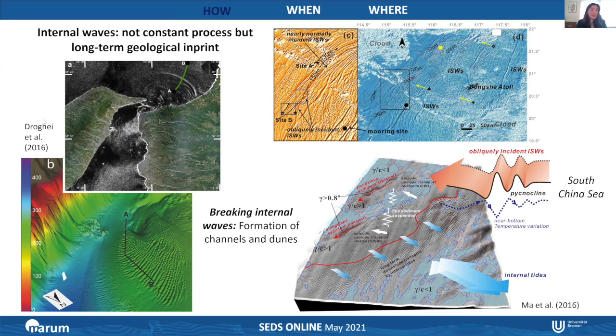So Droghei and colleagues found that the dunes that are found in the Messina Strait are probably formed by the interaction of internal solitary waves that then interact with the seafloor and form these dunes. And also in the South China Sea, Ma and colleagues found a huge area with bedforms and also channels that they relate to the shoaling of internal solitary waves, and also to internal tides that move up and down slope.